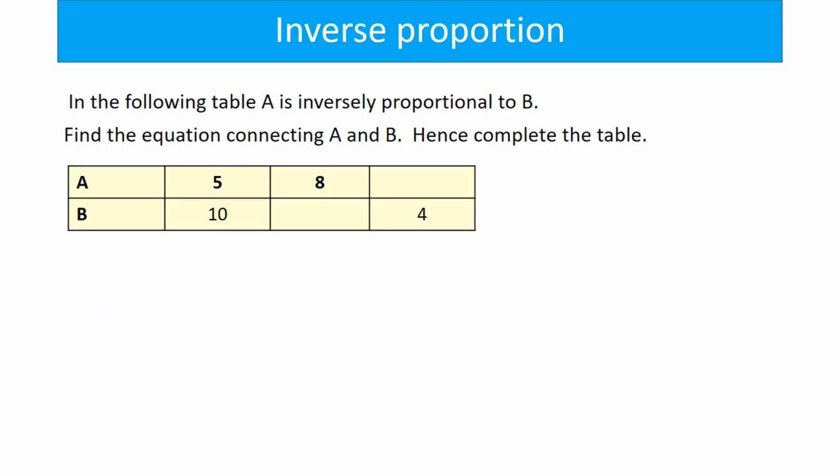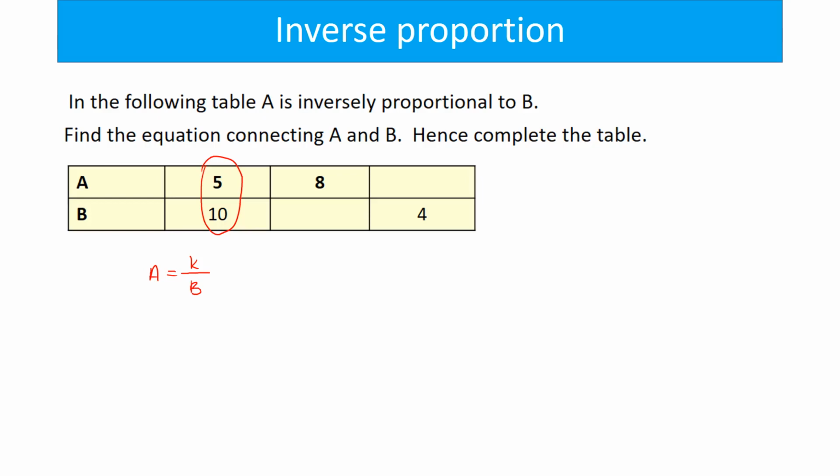In the following table, A is inversely proportional to B. So I'm going to write this statement: A is inversely proportional to B. And we want to find the equation connecting A and B and then complete the table. I've got one full pair of values. I'm going to use this pair to work out the value of k.